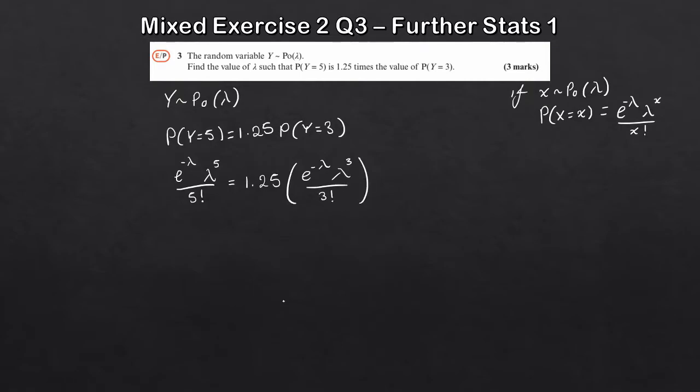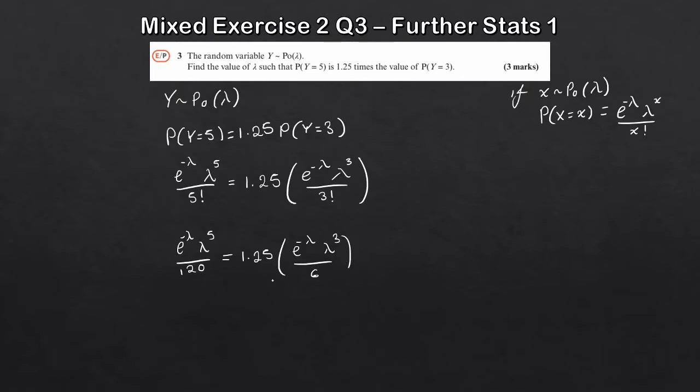So now at this point, there's not really any stats involved, it's just algebraic manipulation. What I'm going to do is write out my factorials for what they're worth, so that's e to minus lambda times lambda to the 5 over 120. That's equal to 1.25 times e to minus lambda, lambda cubed over 3 factorial, which is 6. Okay.